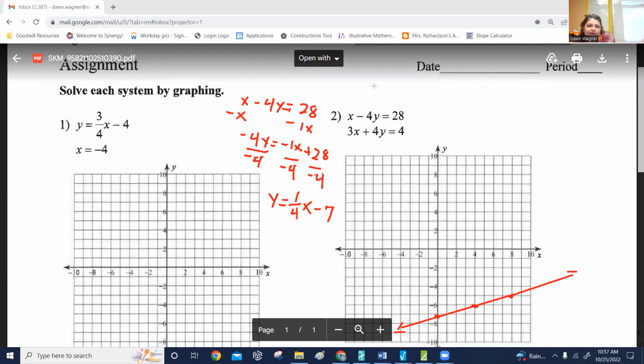And then the other one, when we solve this one, you subtract 3x.